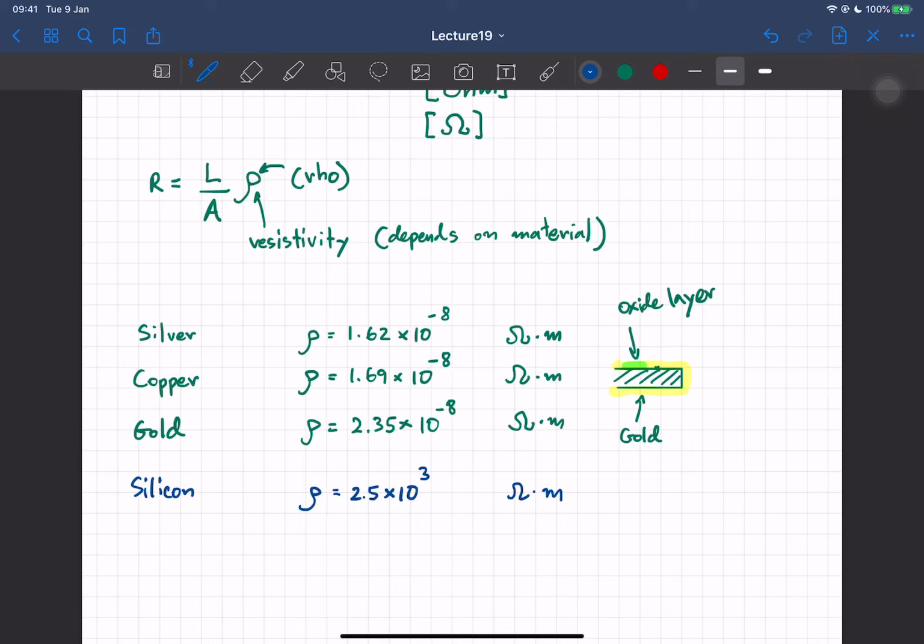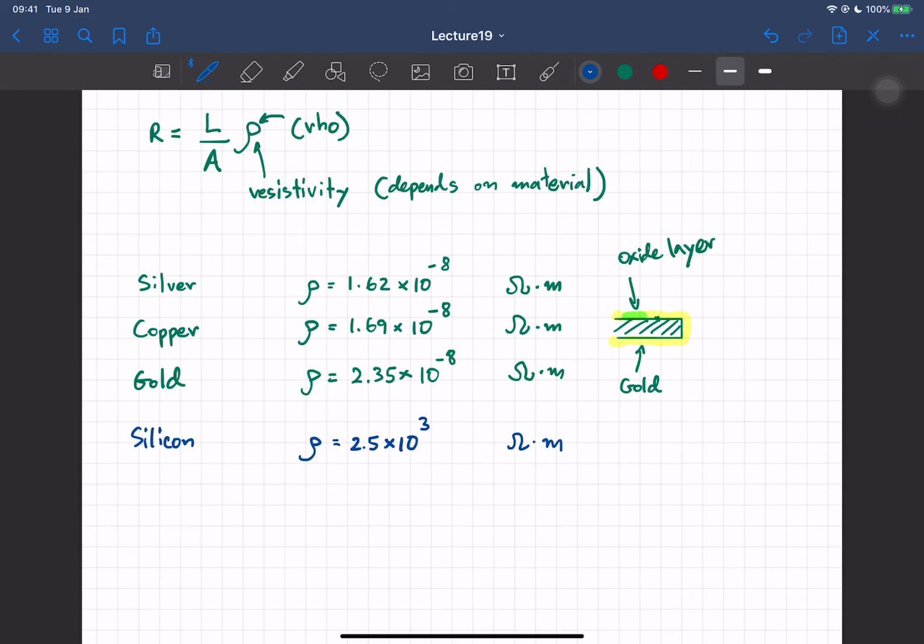So you can see that it's about 1 million times larger in terms of resistivity compared to metal. That's why we call silicon a semiconductor. So that means an insulator is even higher. For example, glass, which is an insulator, has rho of about 10 to the 10 ohm meter.